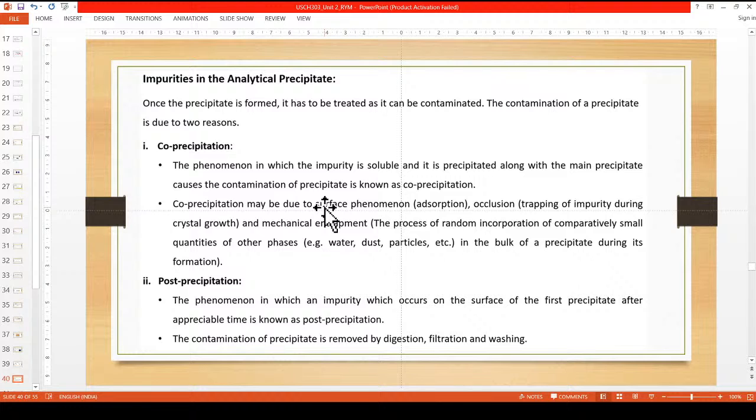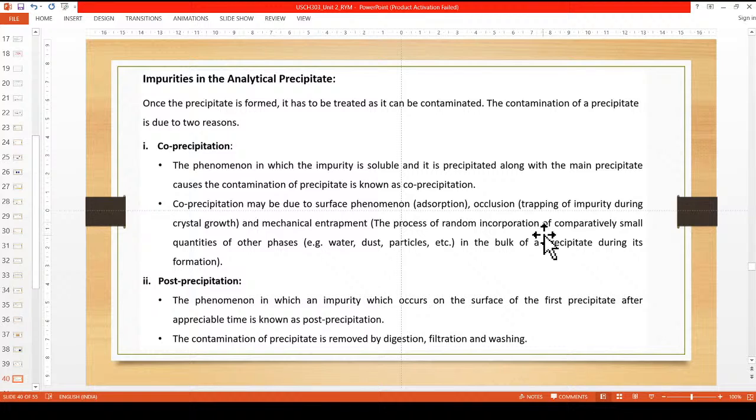Now impurities in precipitation come during the process of co-precipitation and post-precipitation. Co-precipitation is during the reaction. If some dust particle or foreign particle is there, and over that particle the growth of crystal takes place, then it is co-precipitation. Now in co-precipitation, one of the concepts is occlusion.